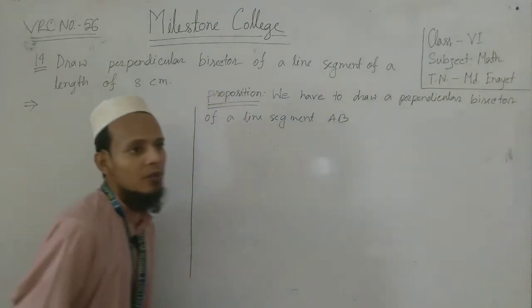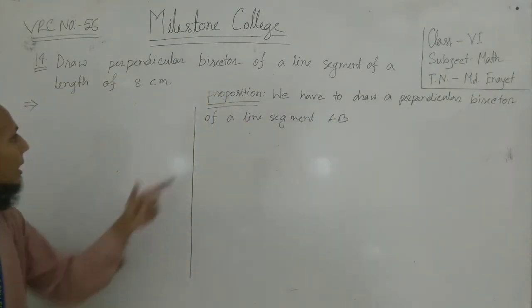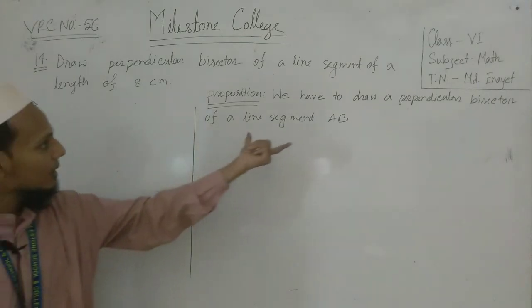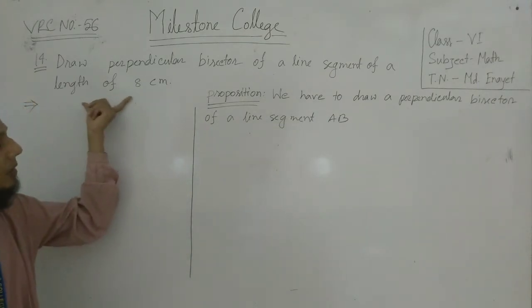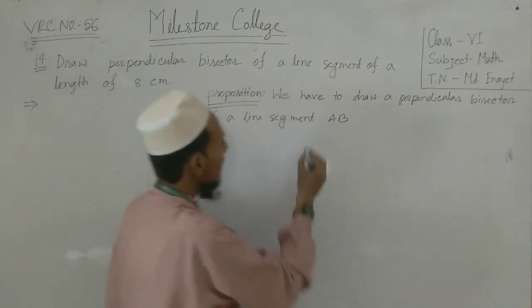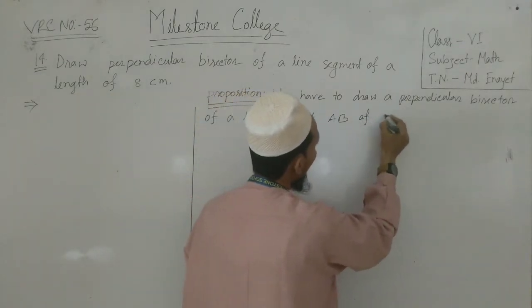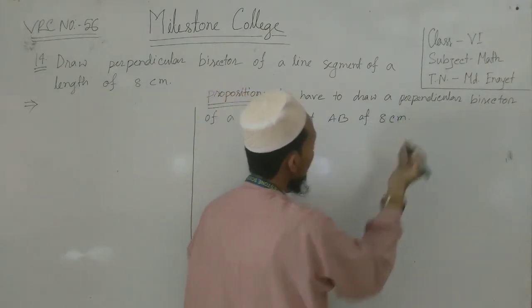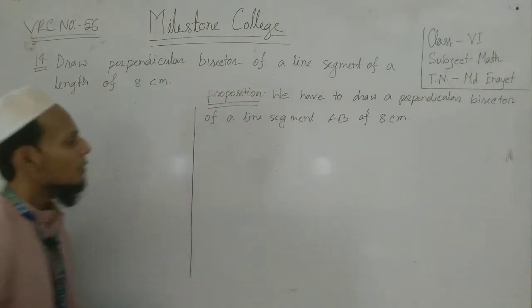Here in the proposition we identify the line segment as AB and its length is 8 centimeters. So, a line segment AB of 8 centimeters. So, this is the proposition.